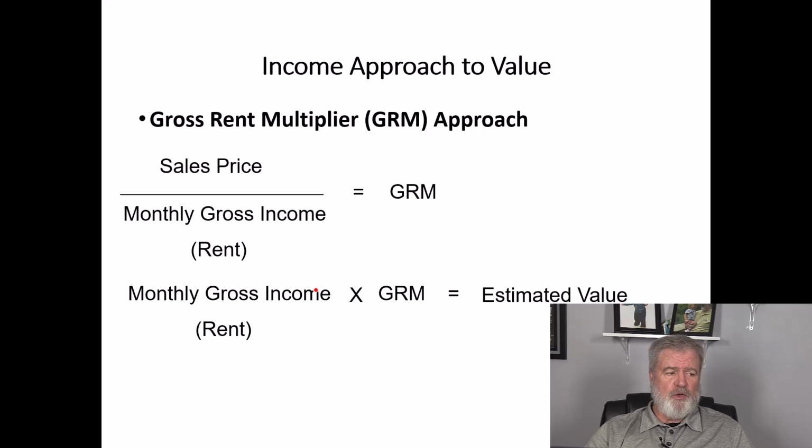So, let's look at a quick example here. Again, this is exactly what I do on the state exam. What I'm about to do right here on this screen, on the slide, is exactly what I do on the exam. If I see a question dealing with gross rent multiplier, I'll already know. Well, first of all, I'll go ahead and write the formula just to make sure we know what it is.